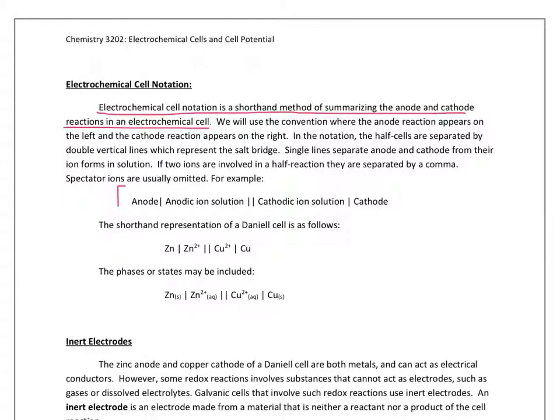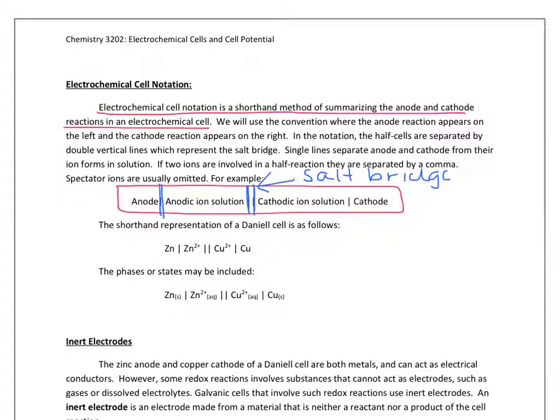So this is the general equation for summarizing an electrochemical cell. We write what the anode is, what the electrode is, the solid piece. Then we draw a straight line, then what's in solution at the anode. Then we do the double line, and you should know for multiple choice purposes that the double line represents the salt bridge, or perhaps the porous barrier.